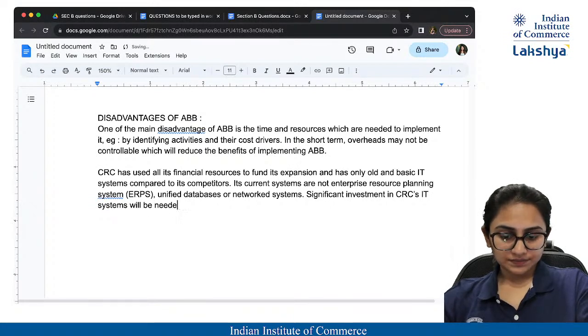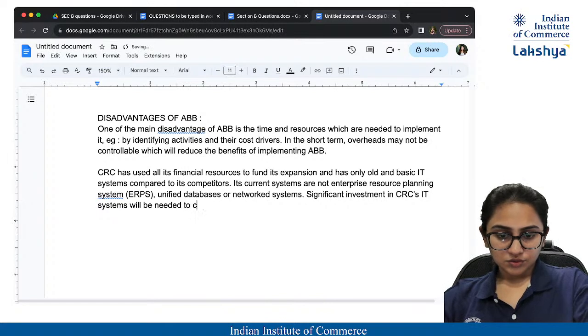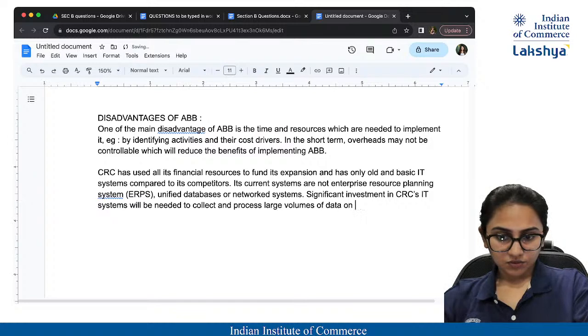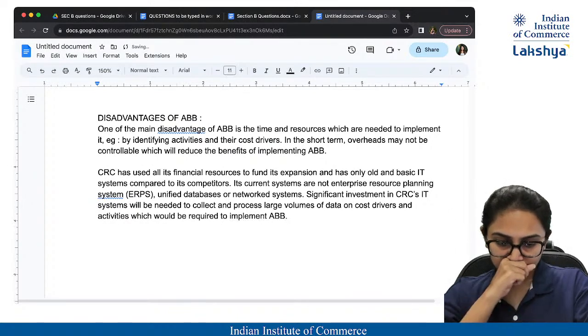Systems will be needed to collect and process large volumes of data and cost drivers and activities which would be required to implement ABB.